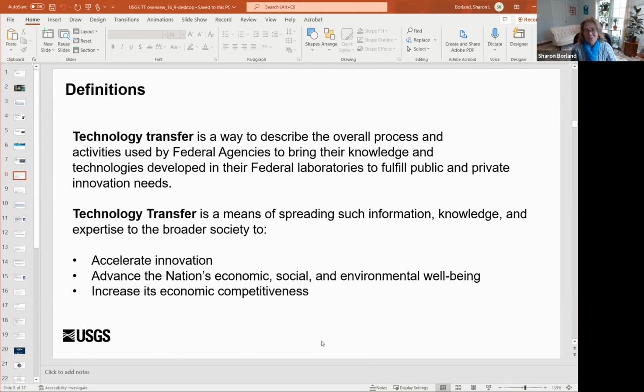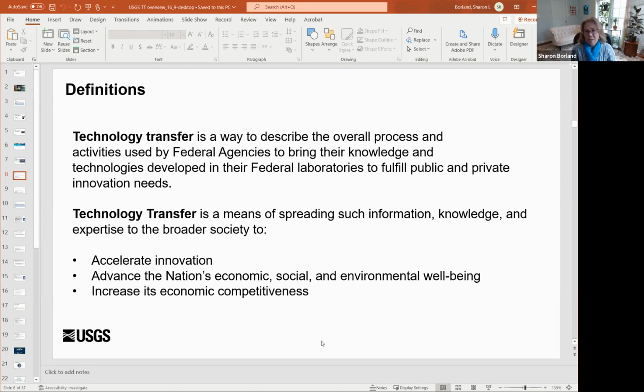Okay, so I've already mentioned technology transfer a number of times, so I thought it might be helpful to pause here momentarily to provide some definitions, because there are many ways to define technology transfer, and this is how we define it within the federal laboratory system. Technology transfer is a way to describe the overall process and activities that are used by federal agencies to transfer their knowledge and provide access to their technologies to fulfill private and public needs.